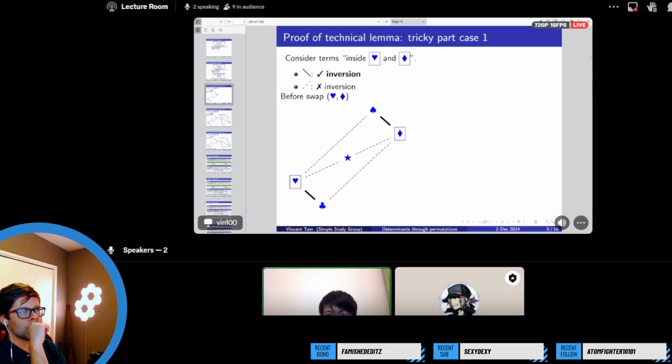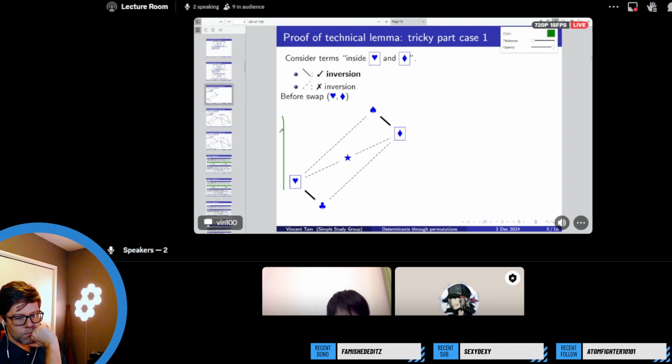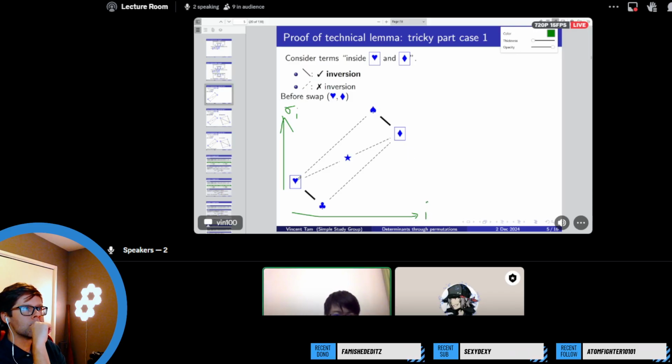Let me explain this a bit. The higher the sigma i value, the higher the vertical position will be on this graph. Here I try to use this picture to capture the three cases.